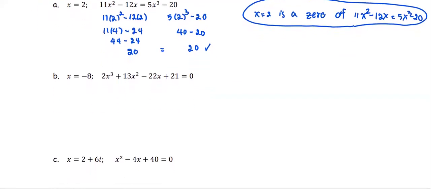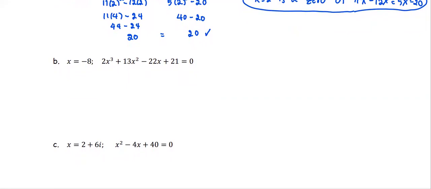Let's move on to part B, where x equals negative 8 and the polynomial equation is 2x to the third plus 13x squared minus 22x plus 21 equals 0. Replace x with the value negative 8. We have 2 times negative 8 to the power 3, plus 13 times negative 8 to the second power, minus 22 times negative 8, plus 21.